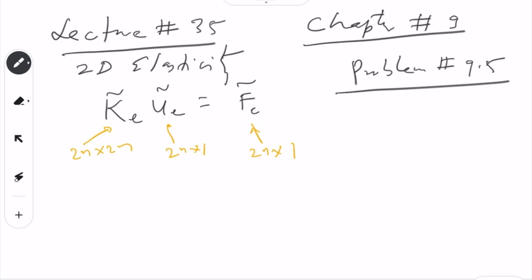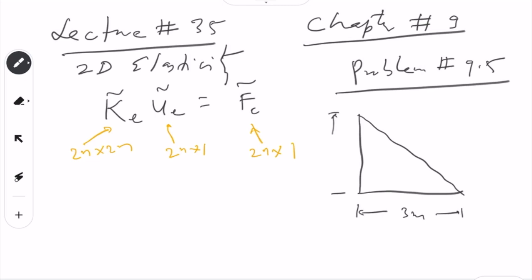Here the problem is given like this. A triangle is given, and this side is 3 meters, and this one is also 3 meters.